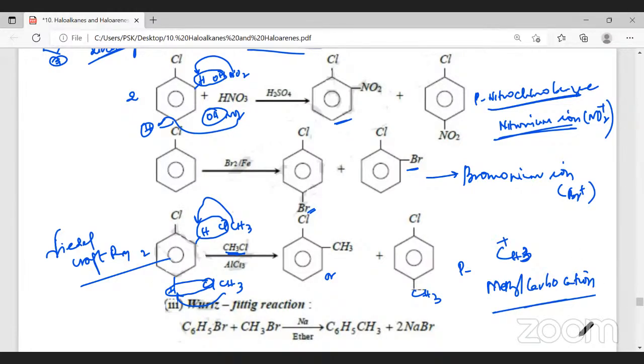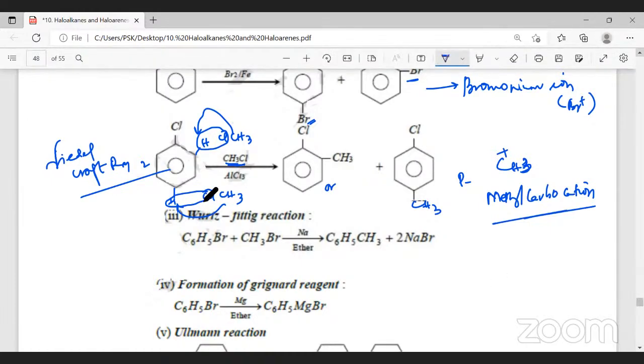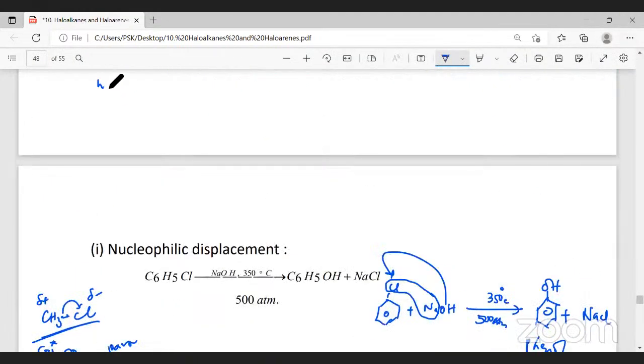All right. Next is the Wurtz-Fittig reaction. What is this Wurtz-Fittig reaction?